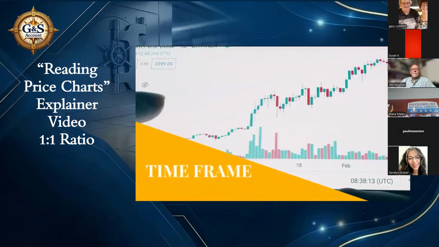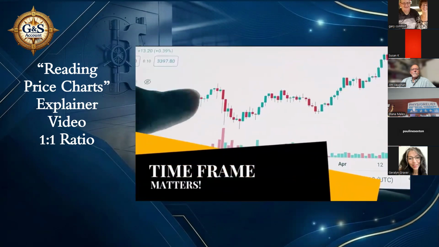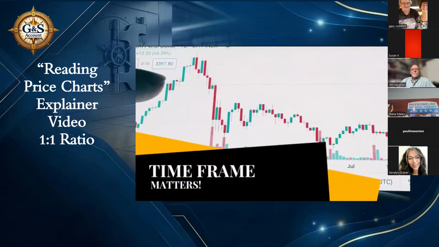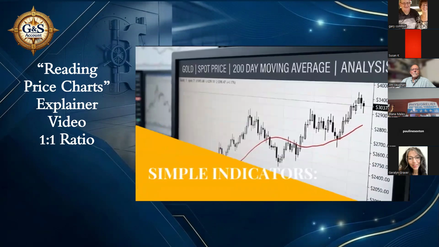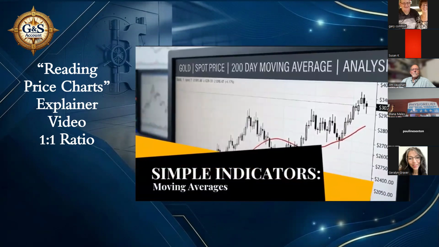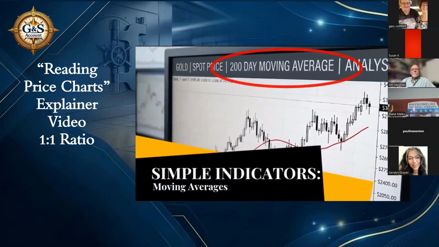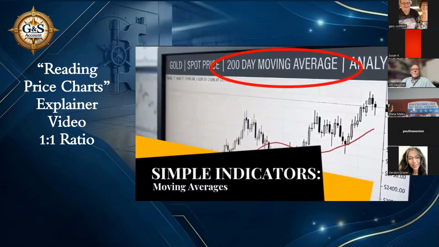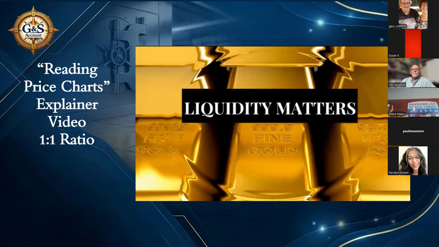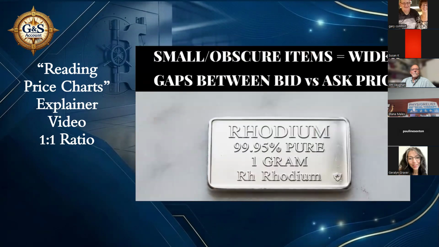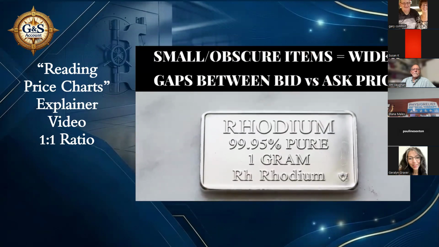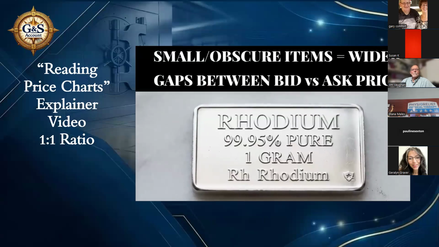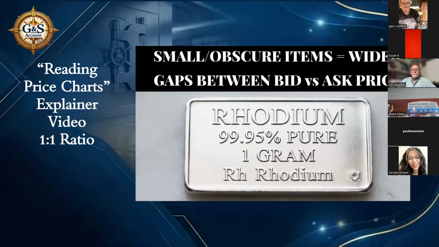Time frame matters. Short-term swings can be noisy. Longer windows reveal trends. Simple indicators. Some charts show moving averages, for example, over 50 days or 200 days to help gauge momentum. Liquidity matters. Small or obscure items may have wider gaps between the bid price and the ask price.